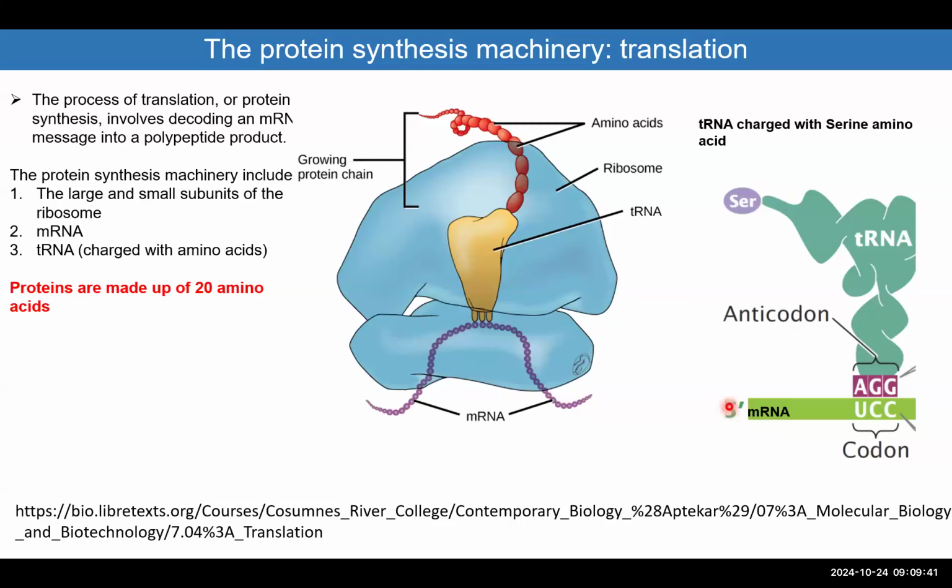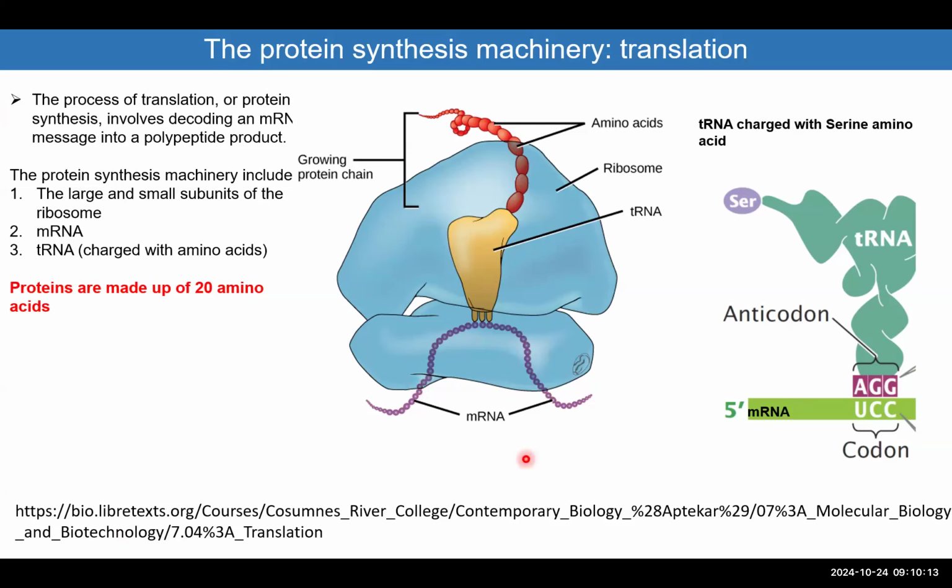And you can imagine that for the other 19 amino acids, there is another transfer RNA carrying a different anticodon. So that's how we can decode the information on the messenger RNA, which is a nucleic acid, into an amino acid, which is a protein, totally different molecules.